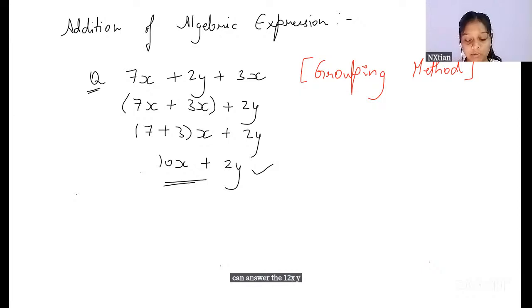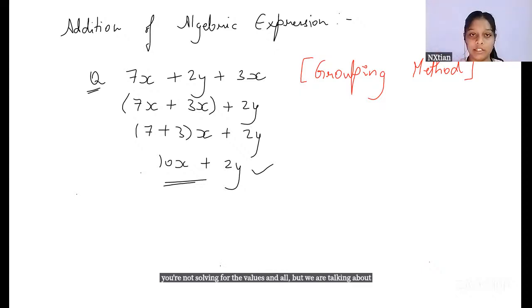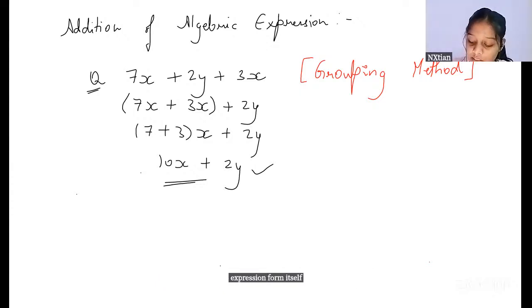No, the answer will be 10x plus 2y, because we are solving it in expression form only. We are doing this addition, not solving for the values, so we'll keep it in expression form.